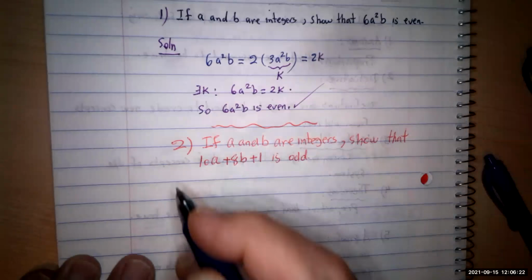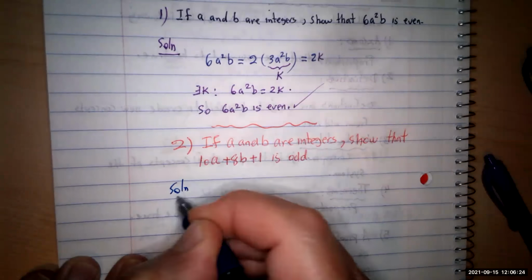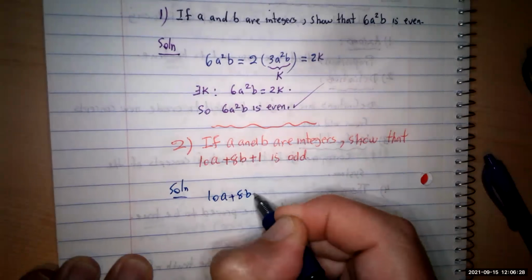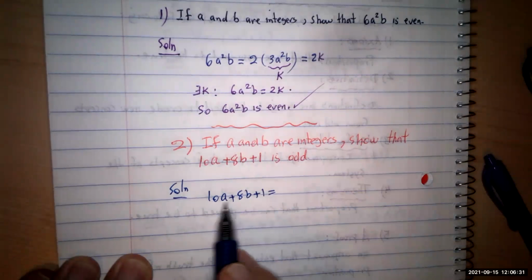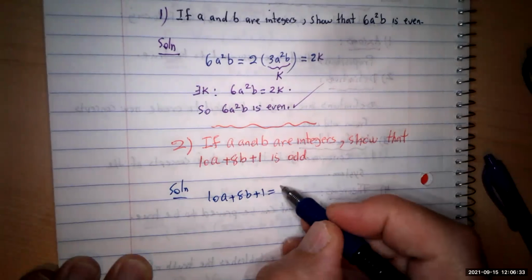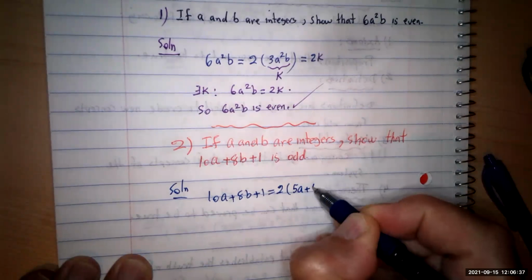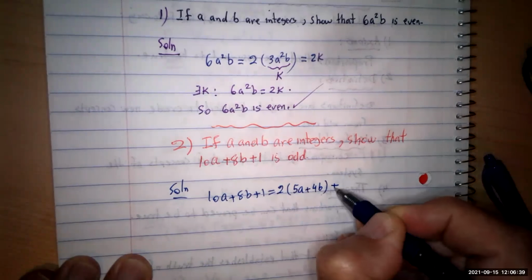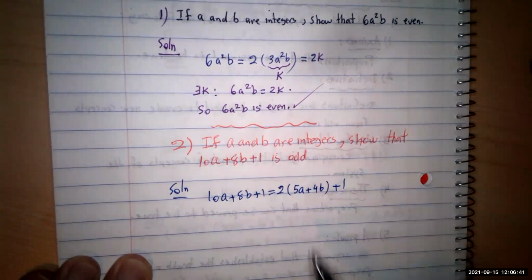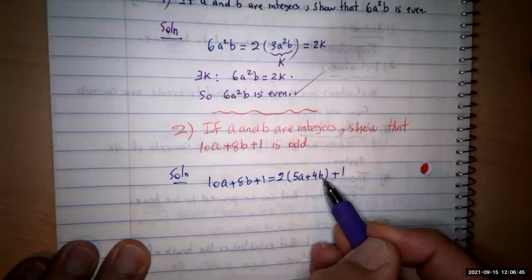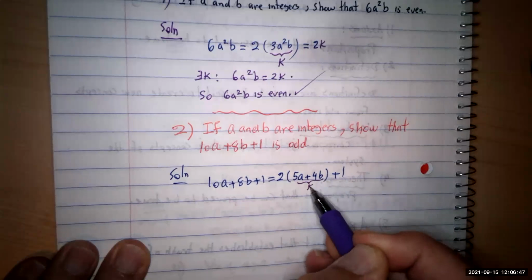So the solution is going to be, we have 10a plus 8b plus 1. We factor the 2 out of these because we need that factor of 2. So the result would be 5a plus 4b, plus 1. They are all integers, 5a, 4b, and when we add them together we get an integer. So we're going to call this one k.